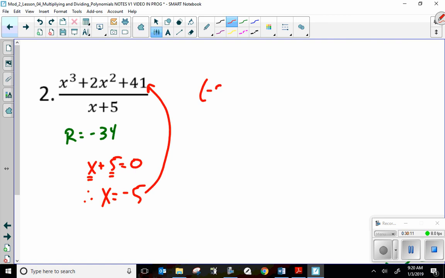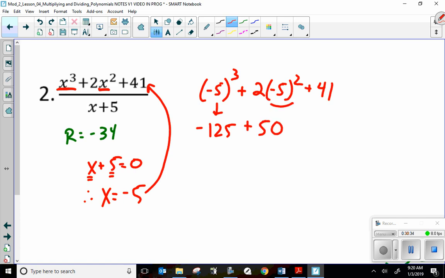So I take negative 5 and I cube it, plus 2 times negative 5 squared, plus 41. This is negative 125. This is 25 times 2, 50 plus 41. So I got negative 125 plus 91.